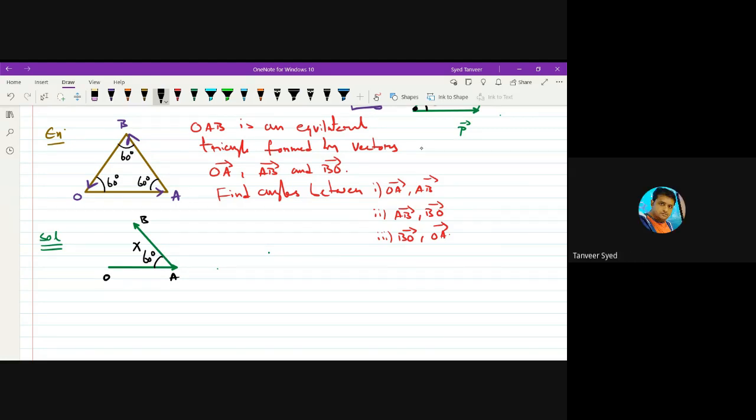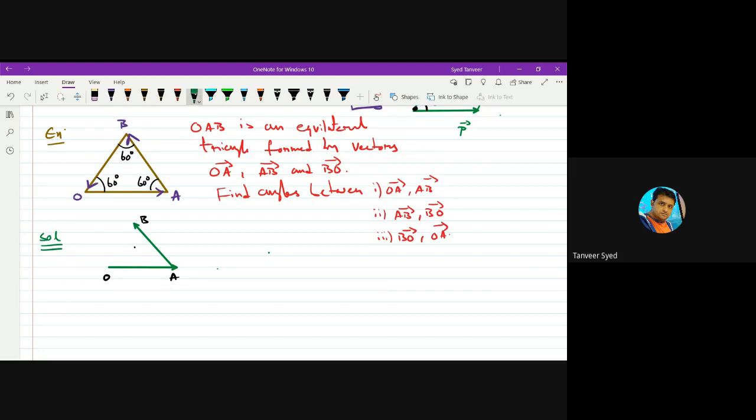So OA, AB are two vectors like this. Can we say that angle between them is 60 degree? No, sir. It is wrong because OA and AB are not connected tail to tail. So this will not be the angle between them. What should you do? You should connect them tail to tail. Displace any one of the vectors so that they come in contact with the tails.